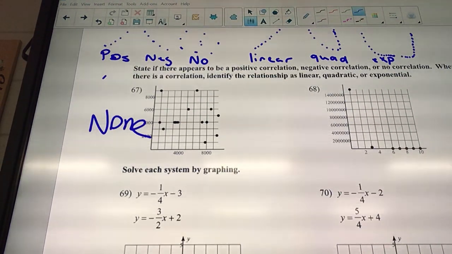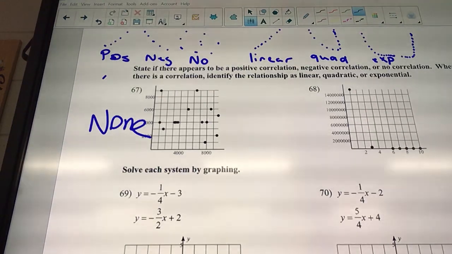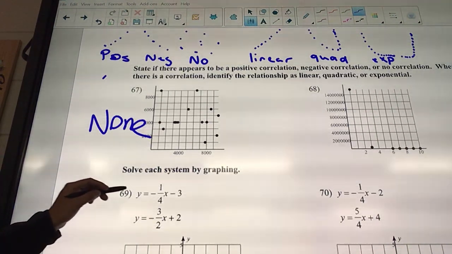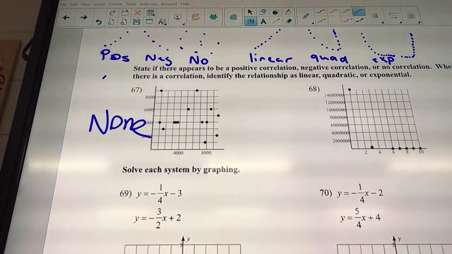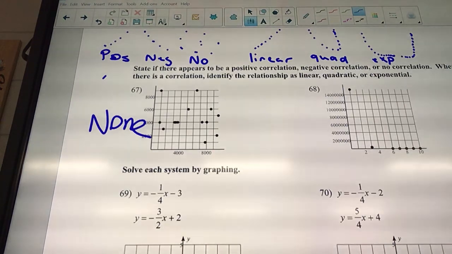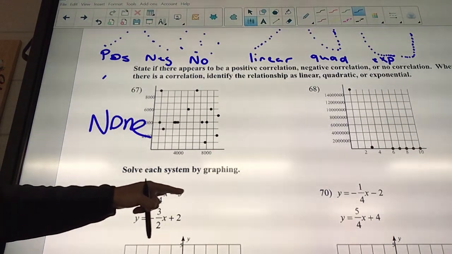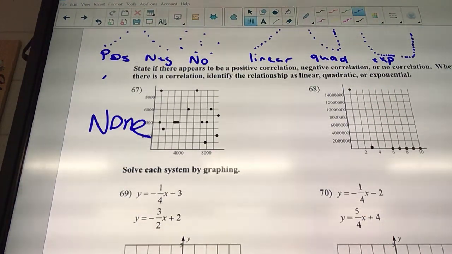Okay, 69 says solve by graphing. You guys just graphed inequalities and those are way harder than these. So we start off with 69 and we graph this one as number 1. Where does that graph start? Where do we start graphing it? The 4 or 1 over 4 or the 3? The 3.